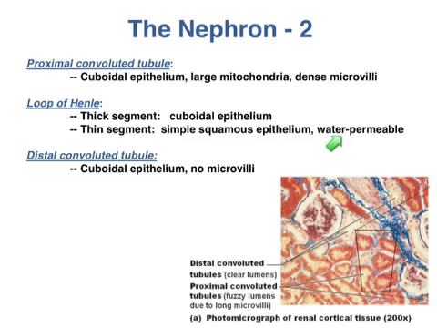When we start talking about urine concentration, this distinction between water permeable and water impermeable epithelium will become important. In the distal convoluted tubule, you're back to cuboidal epithelium, but there's still some reabsorption going on, but not as much, so there are no microvilli in the distal convoluted tubule.